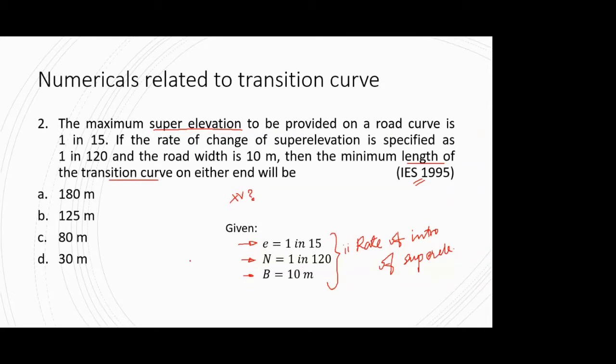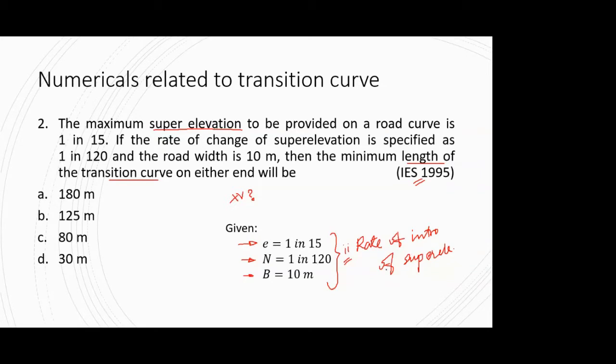In this numerical, we don't have to follow all three types or three values of transition curve. We have to find just one value based on the second criterion of rate of introduction of superelevation, and whatever that value is will be our design length of transition curve.